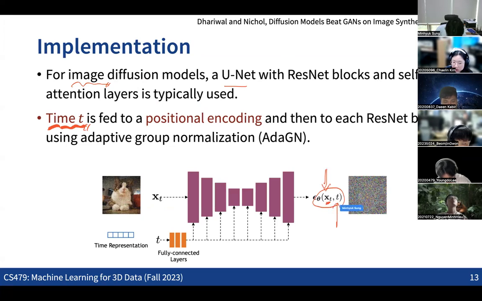The way people add the time step is by feeding t with some kind of positional encoding that we discussed in the previous lectures, and then feeding this into each of the ResNet blocks, with some normalization technique. So you might also need to check out some of the implementation details to do assignment 3. Any questions on assignment 3?